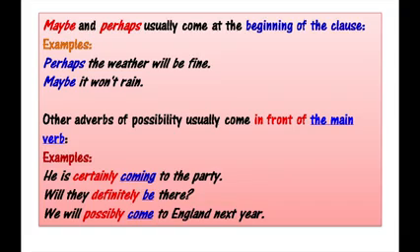Here you can see certainly, which is in red, is the adverbial of probability, and coming is the main verb. And so are the other examples, which clearly show you that adverbs of probability are placed in front of the main verb when a sentence has two verbs.